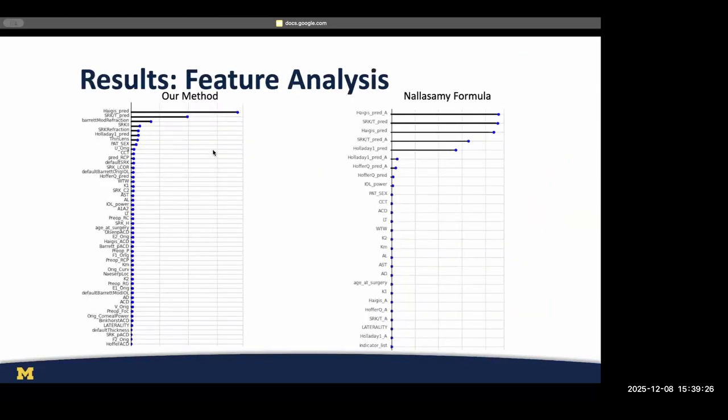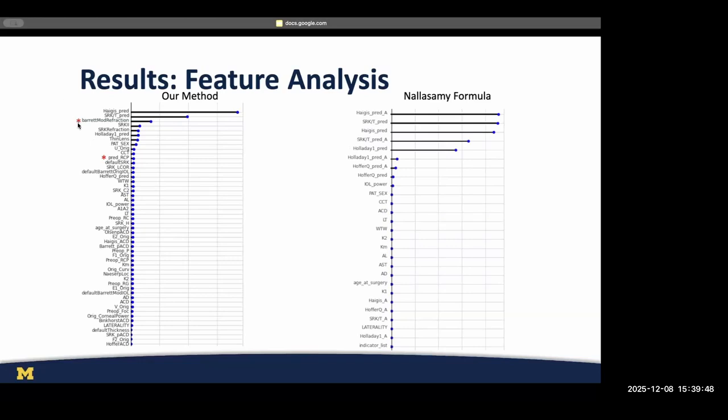When we look at the feature analysis of which features are most important in this model, we see that there is some decrease in the importance of some of the A constant based formulas, and we see more increase in the importance of non-A constant based features.